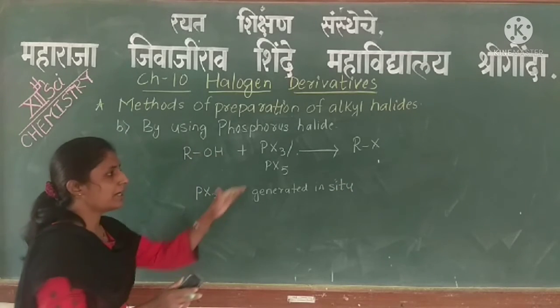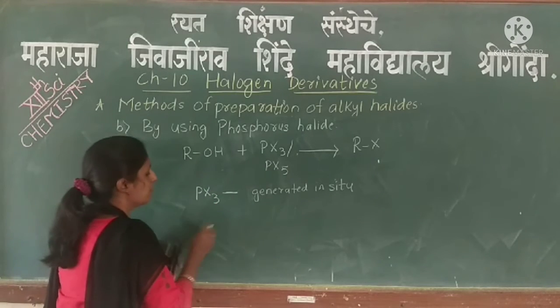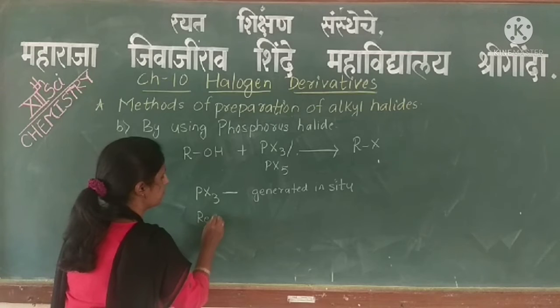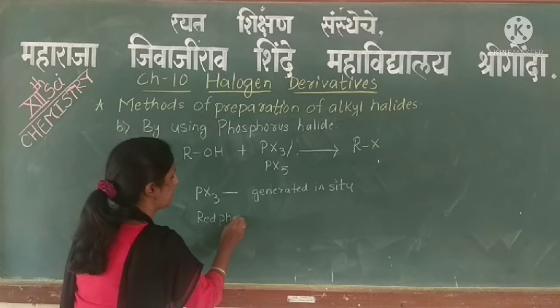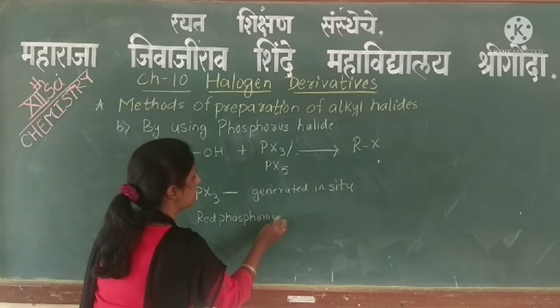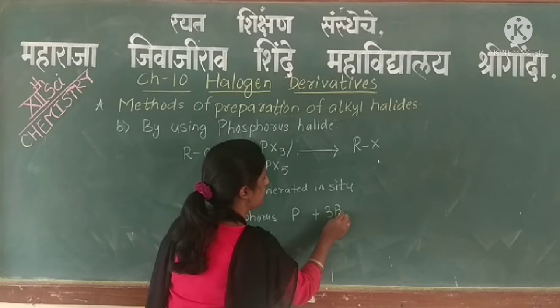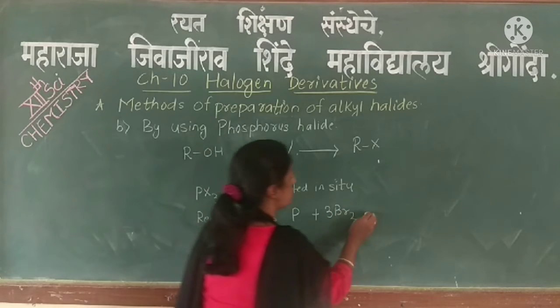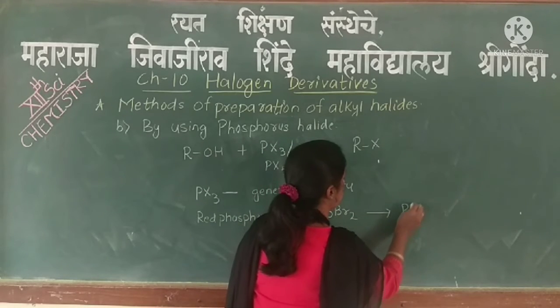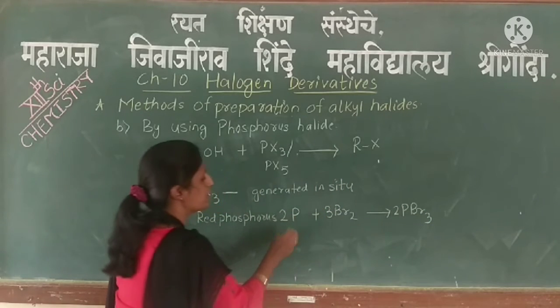And how do you get this phosphorus trihalide or phosphorus pentahalide? Red phosphorus, that is P4, plus 6Br2 gives you 4PBr3. So this is the reaction.